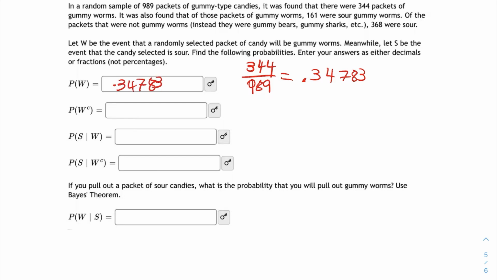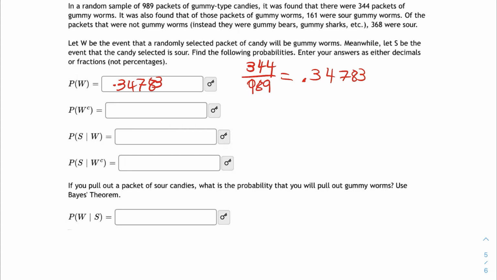All right, so next we are looking at the probability of not being a gummy worm, which is just 1 minus that. If there are 989 packets and 344 were gummy worms, that means that 645 were not gummy worms.